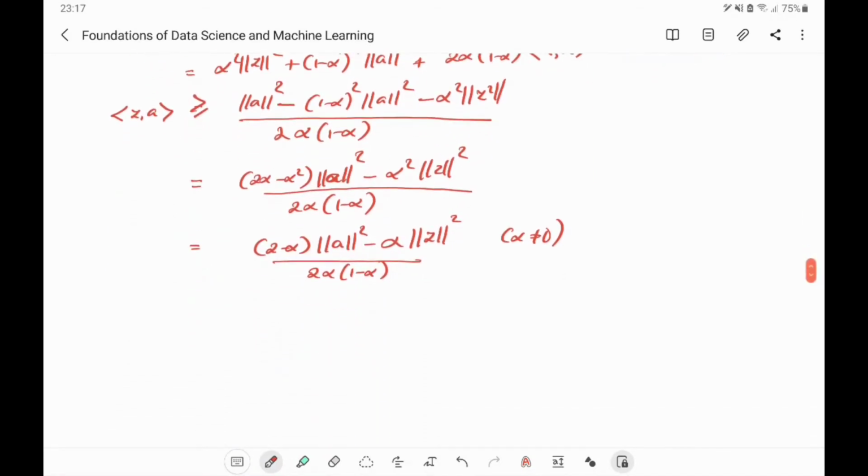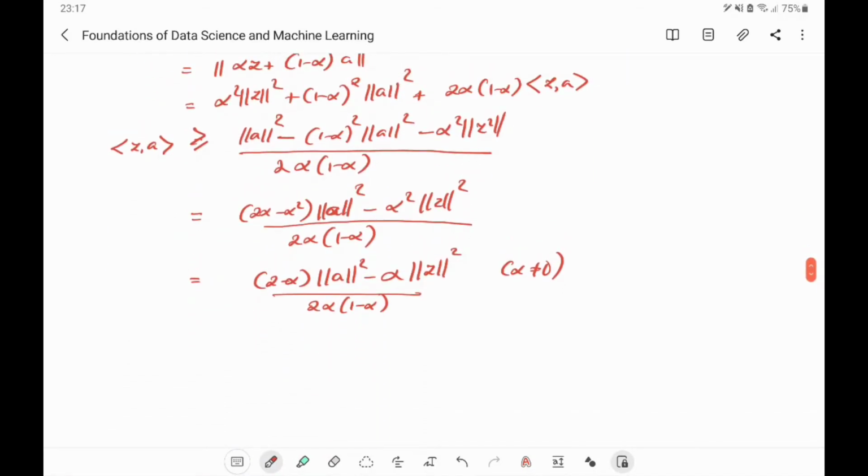This is what I want. Now what I want to do next is lower bound this whole thing with 2 minus alpha. This is where somehow I made a mistake last time.